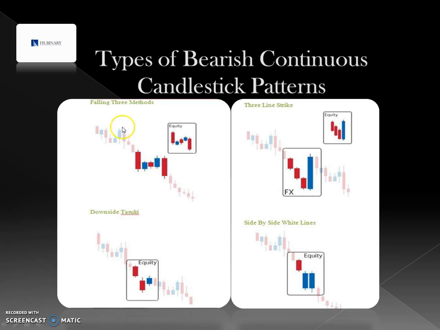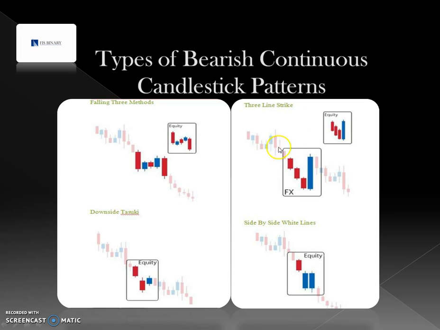When this pattern forms, it indicates that an existing downward trend is going to continue in the same downward direction. So whenever you see this pattern form, you take a put. You take a put when the last bearish candlestick closes.